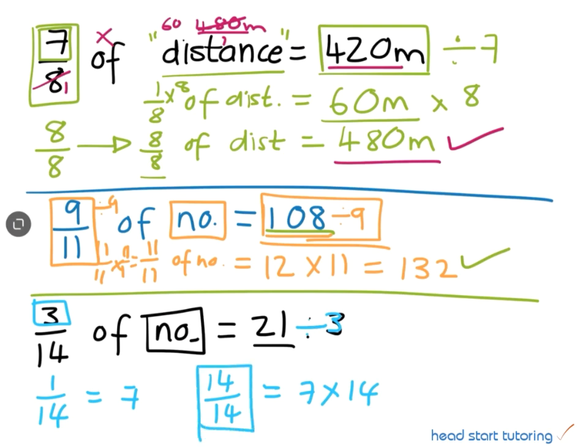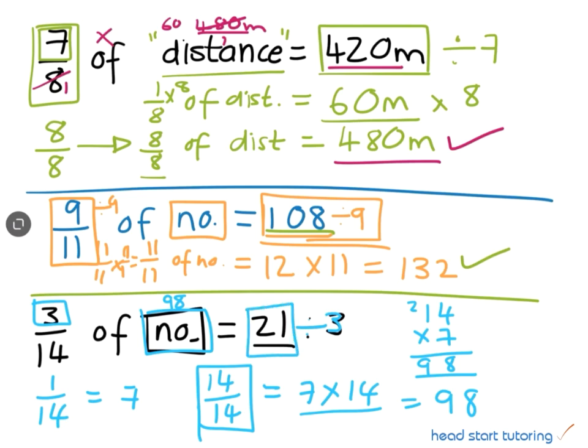So 14 over 14 is equal to 7 multiplied by 14, and 14 multiplied by 7 we can do on the side. 7 by 4 is 28. 7 by 1 is 7, plus 2 is 9. So we end up with an answer of 98. So that number there is equal to 98. And again, you can plug your 98 in there to check whether 3/14 of 98 is in fact 21.